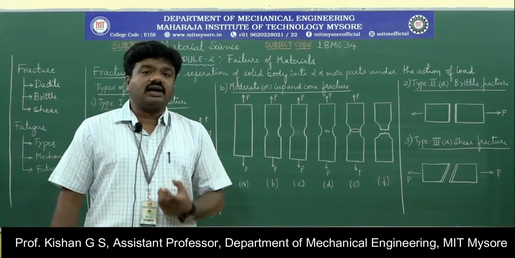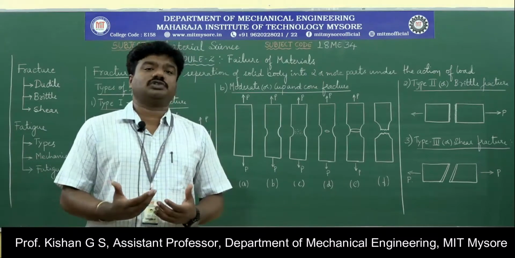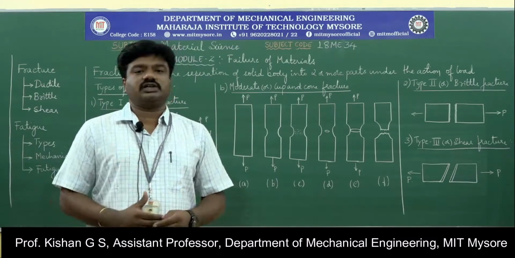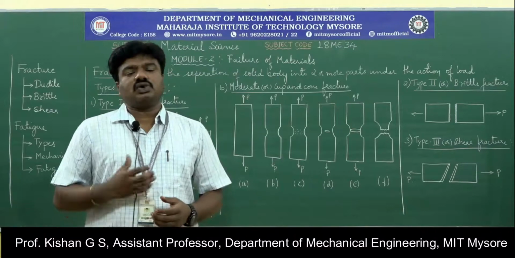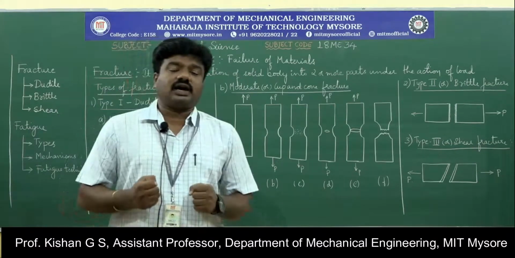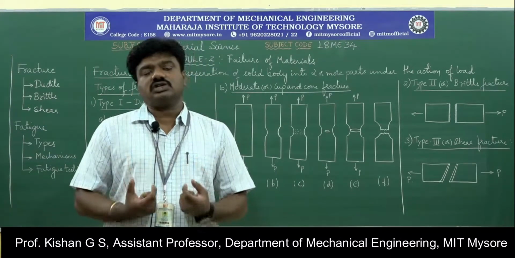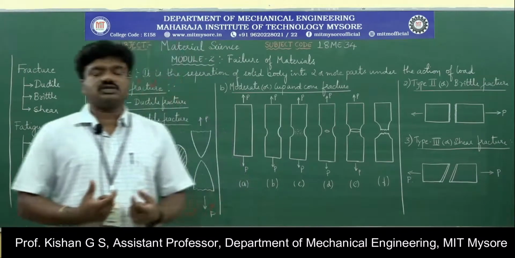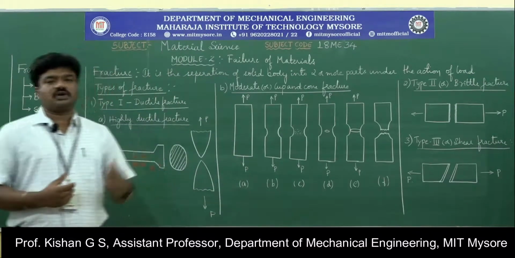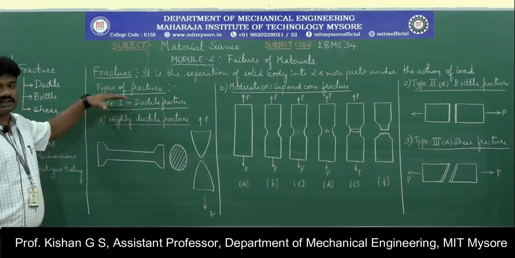So here that dislocation of atomic bond and resulting in the formation of new surfaces is always a resultant of fracture. Means to say that once a material is subjected to a loading condition, the material breaks and one material gets converted into two pieces. So this is how the fracture is defined, and this is how we are going to study different types of fracture. So the first one is type 1 fracture, that is ductile fracture.